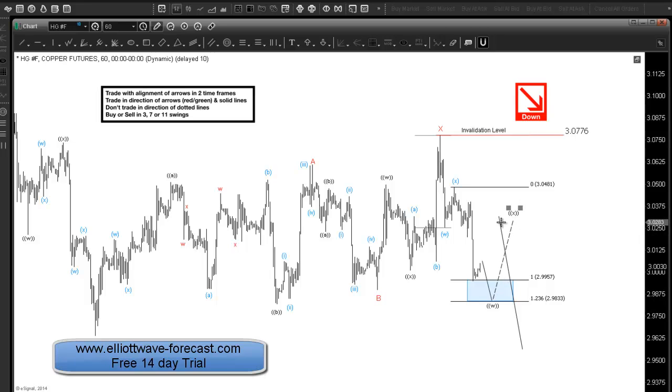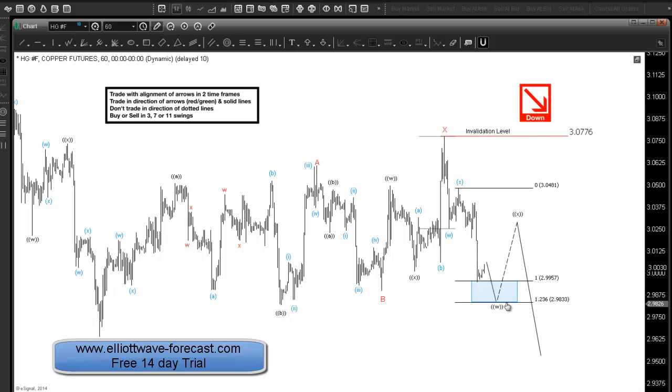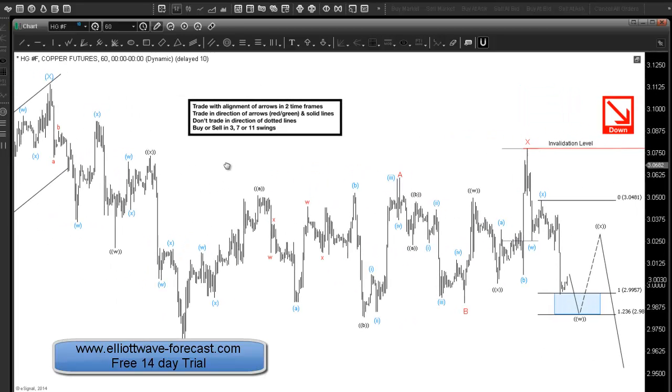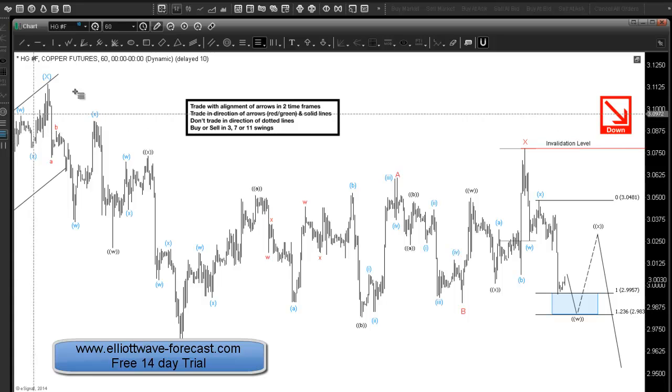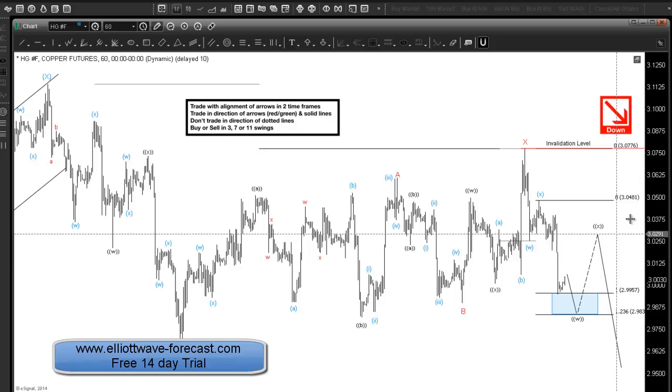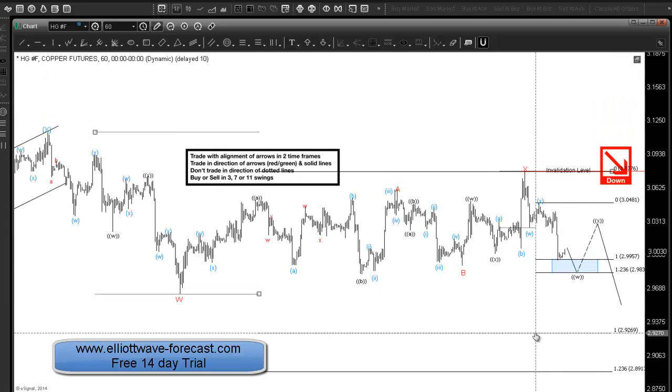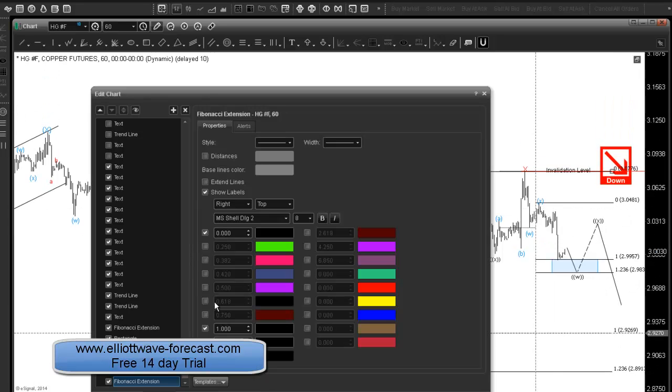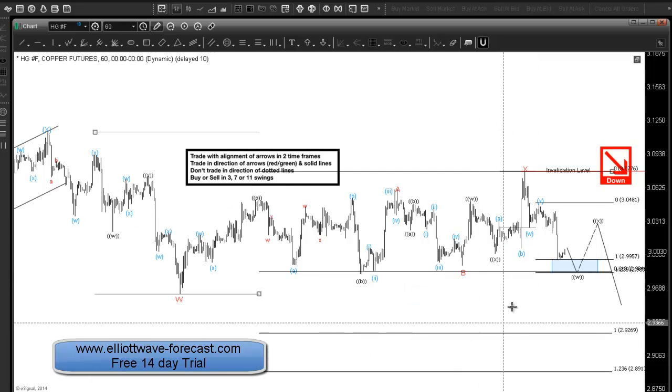Another significance of the 1.236 extension level here is that if you take a look at the extensions of W related to X, that's going to be your 0.618 extension of the red WX also.